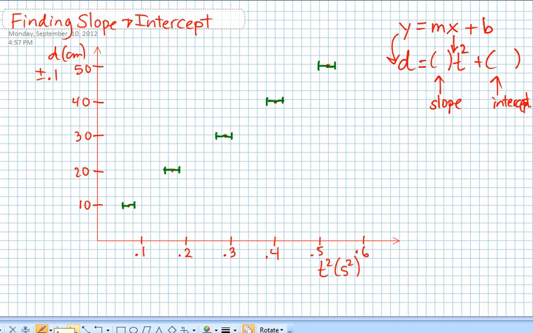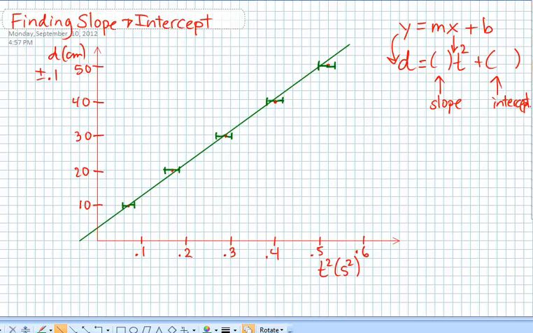What you want your line to do, and it shouldn't have any arrows, is you want to try to get the best straight line fit you can that tries to hit all of the uncertainty bars. Okay? So this is one example. Now, there's going to be others that you could choose, but this one works for now.